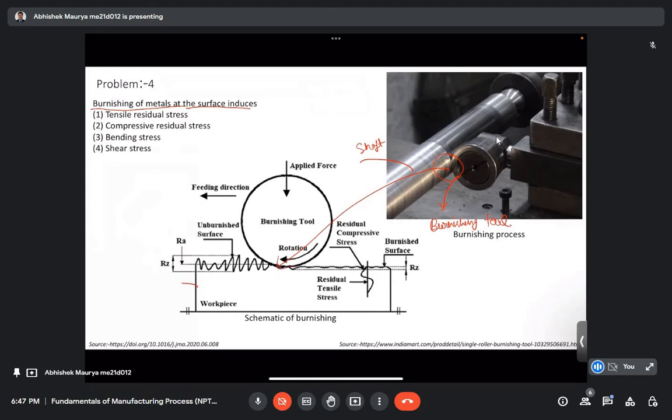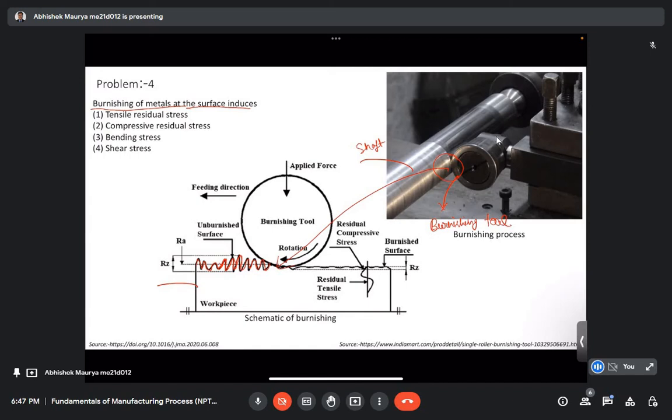Suppose this is the initial workpiece, or shaft, and if you look closely at the surface, there are these kinds of irregularities. Because of this, first of all, its surface roughness will be poor, and its fatigue life will be poor, because there are chances that the top surface will have tensile residual stresses.